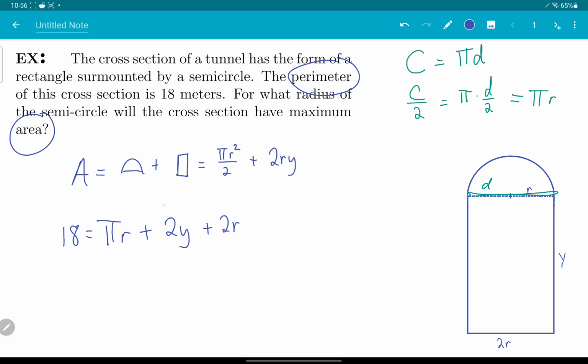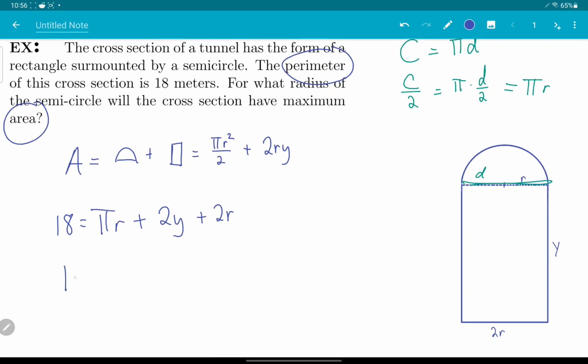Okay, so I'm going to be taking this guy and plugging it into the area equation. So I got to choose, do I want to solve for r or do I want to solve for y? In principle it doesn't matter, but I'm going to be squaring this r, right? So maybe I don't want to do that. So if I don't want to do that, I should solve for y here.